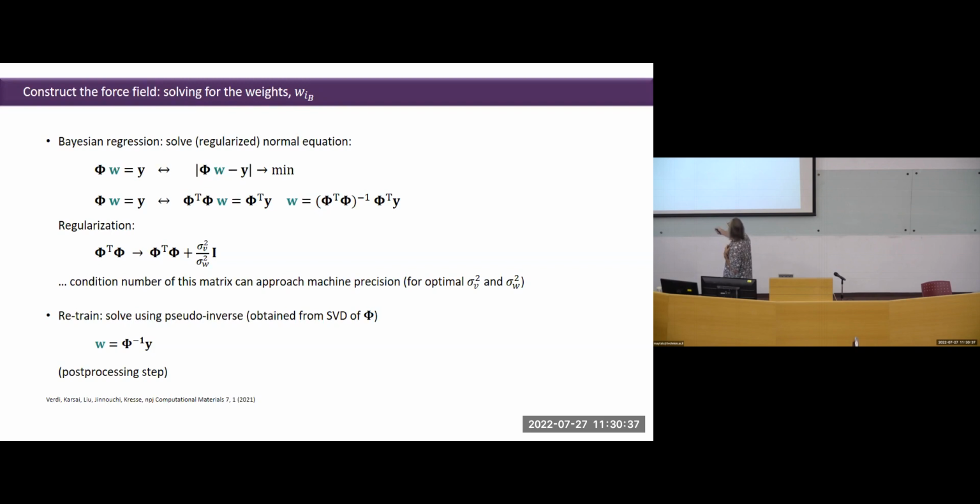An optimal regularization can be done essentially because these parameters here, sigma v and sigma w, can be inferred from the Bayesian error estimate that we have, from the so-called evidence approximation.